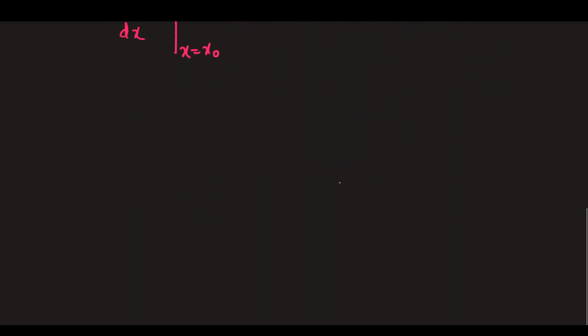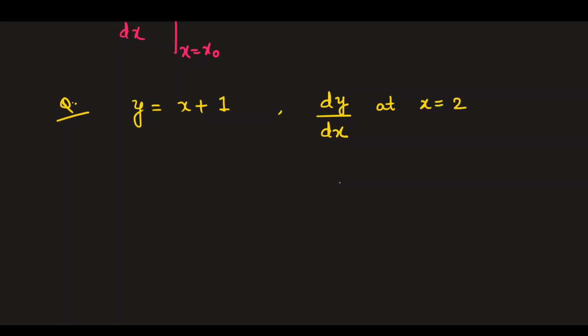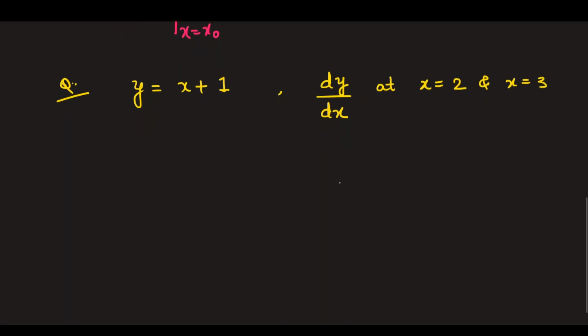Okay, so let us take a very elementary example. Say we have a straight line, y is equal to x plus 1, and we want dy upon dx at, say, x equal to 2 and x equal to 3. So this is the question.